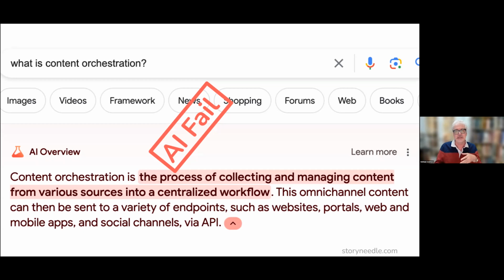And it really got this wrong because it's referring to orchestration as a centralized process where there's something there that is deciding everything on our behalf. And that's really the exact opposite of what orchestration is. It's actually a way of decentralizing decisions and empowering different teams to make decisions about how they want their content to be put together and delivered to people.